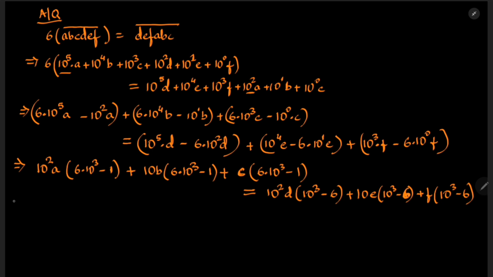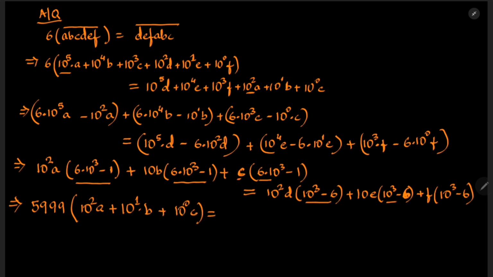Okay, now we can easily see that 6 into 10 cube minus 1 is common in each of the terms. We can factor it out and it will become 5999, and the remaining terms we'll write as 10 square a plus 10b plus c.